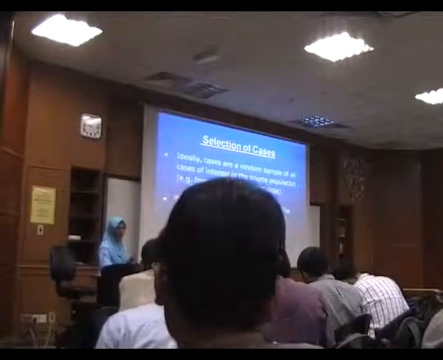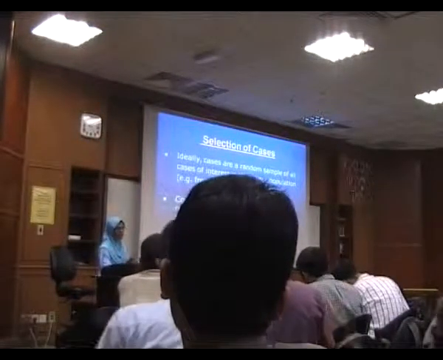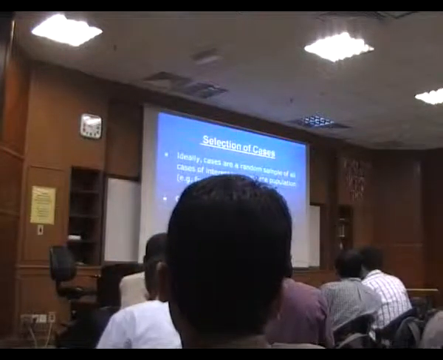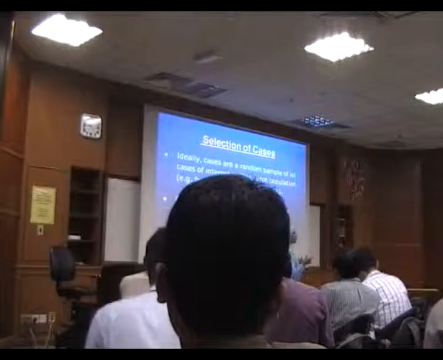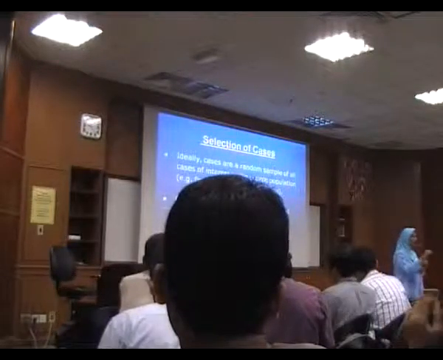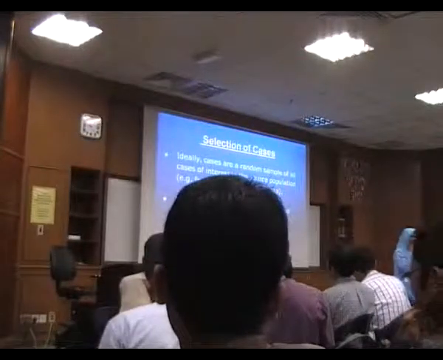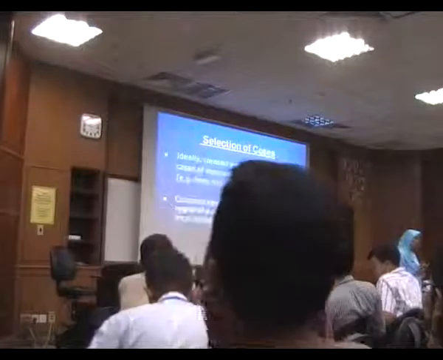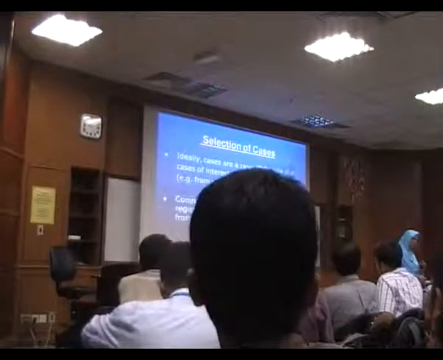So ideally cases are a random sample of all cases of interest in the source population. For instance, after sample size calculation, you find 50 lung cancer cases are enough for you. But you want to look at 2008.